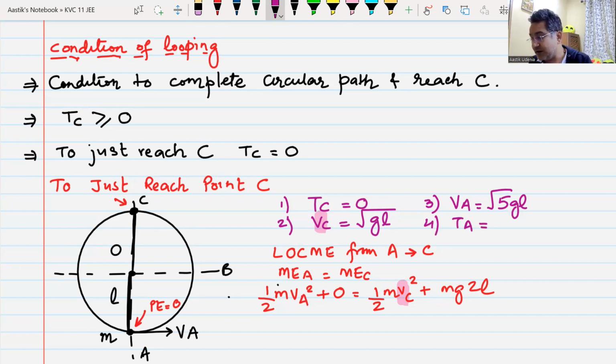So, once I know the velocity at point A is root 5 gL, can you tell me what is the tension at point A? Velocity at point A I will get from this red equation. How will I get the tension at point A? What will be the tension at point A?